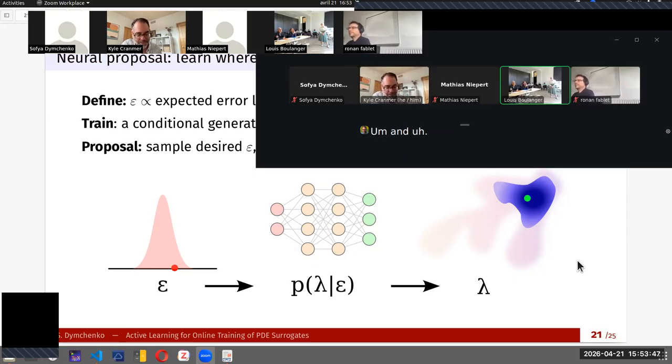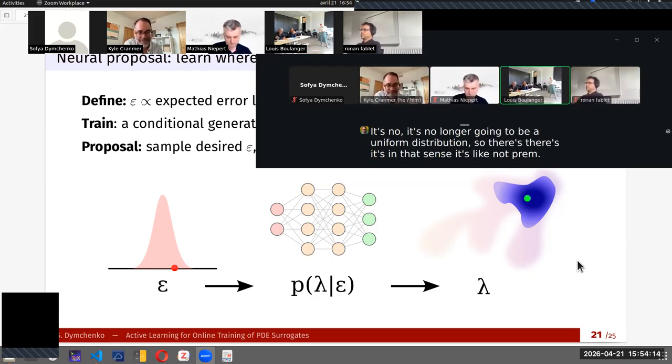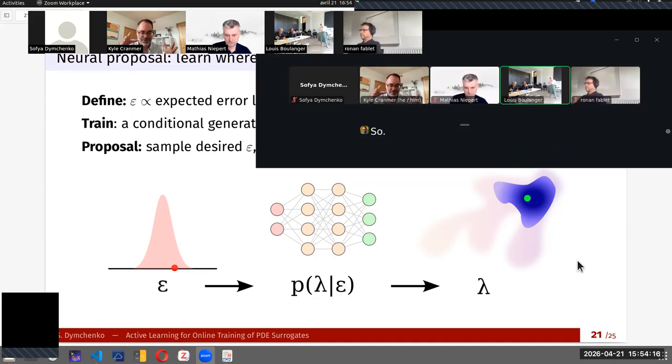And I'm thinking that one thing about the uniform distribution, especially in the Bayesian statistics setting, is that it's not really very well defined, in the sense that if you change the parameters of your system, it's no longer going to be a uniform distribution. So it's not parameterization invariant. You're sensitive to the choices of how you parameterize your system in the first place.